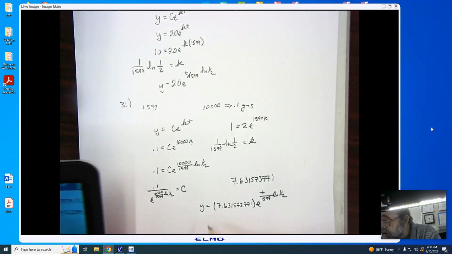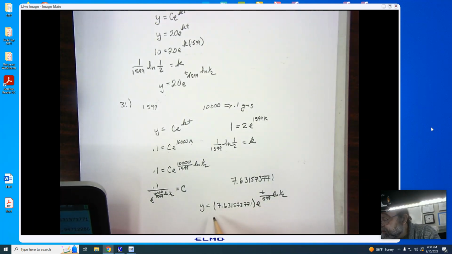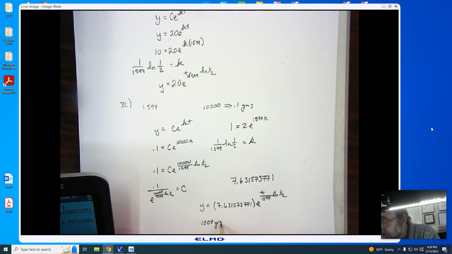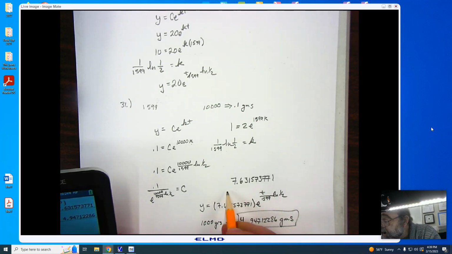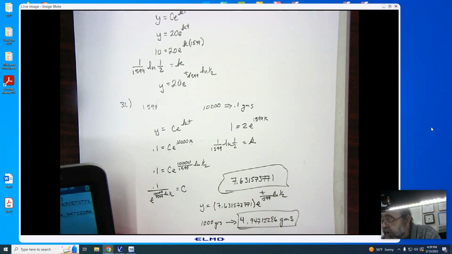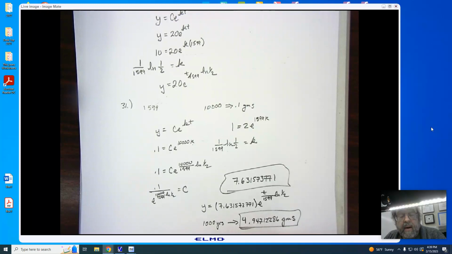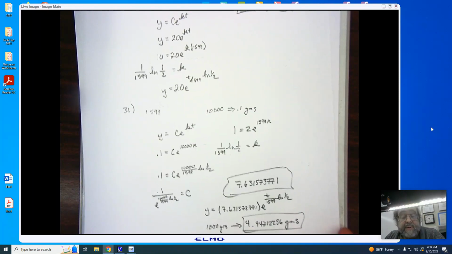And I end up having, after 1,000 years, I will have 4.9471228 grams. We know our initial amount, and we know our 1,000. Notice I'm just doing the same thing over and over again.